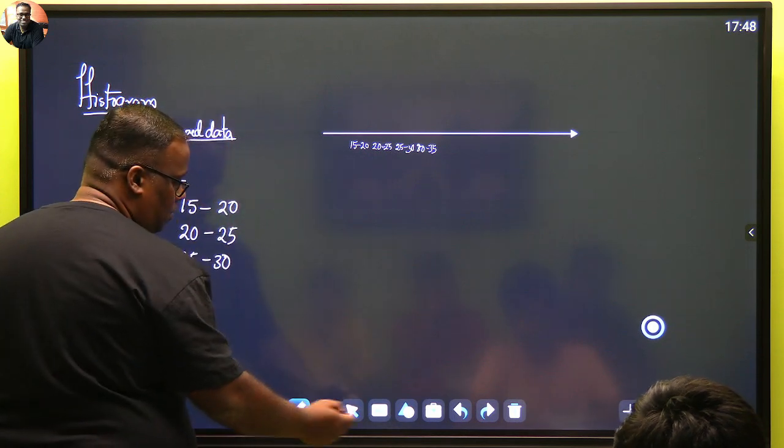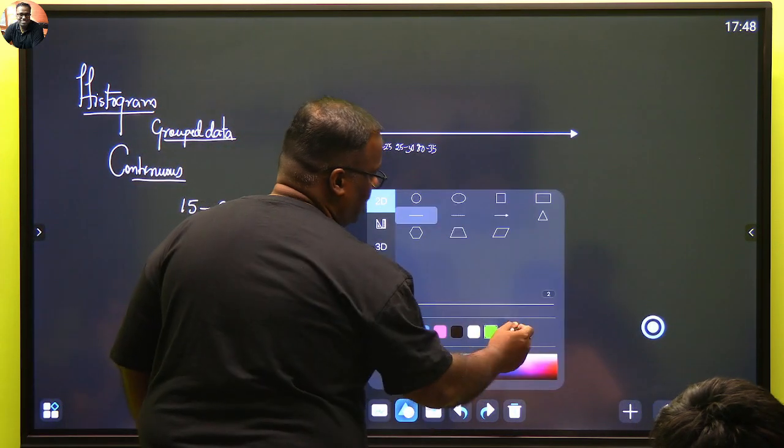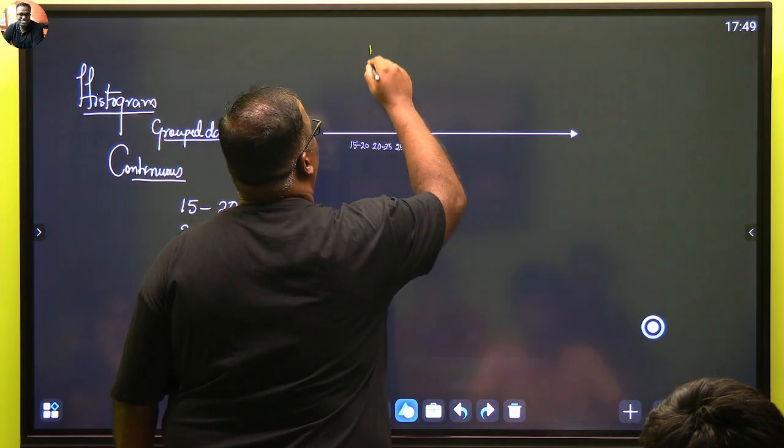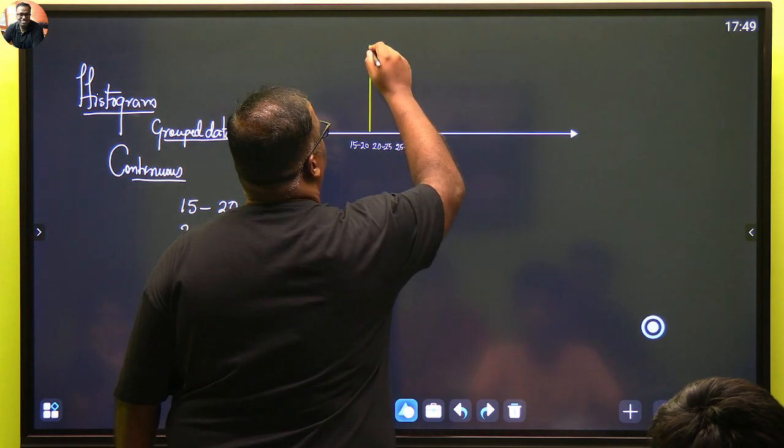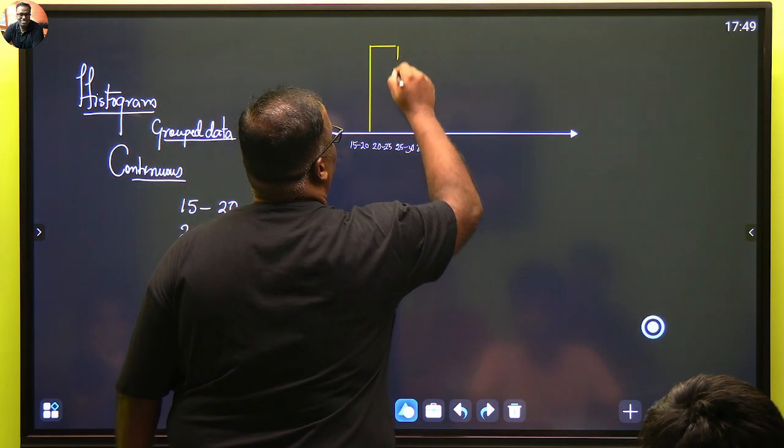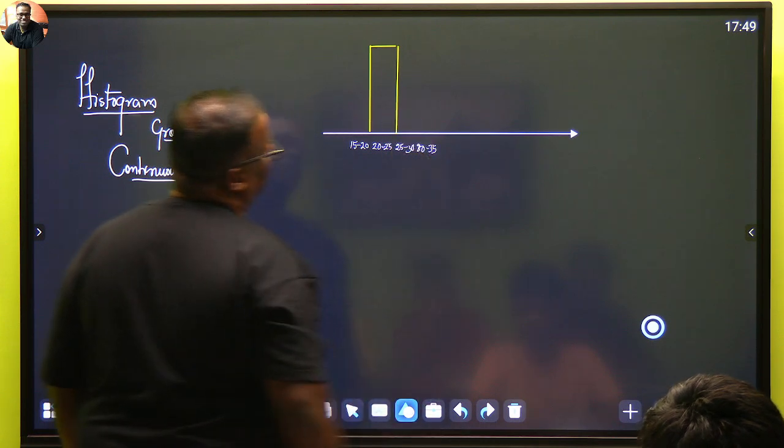Now suppose you are making a plot in a histogram. If you don't understand, do let me know. Say this is one bar that you have made.